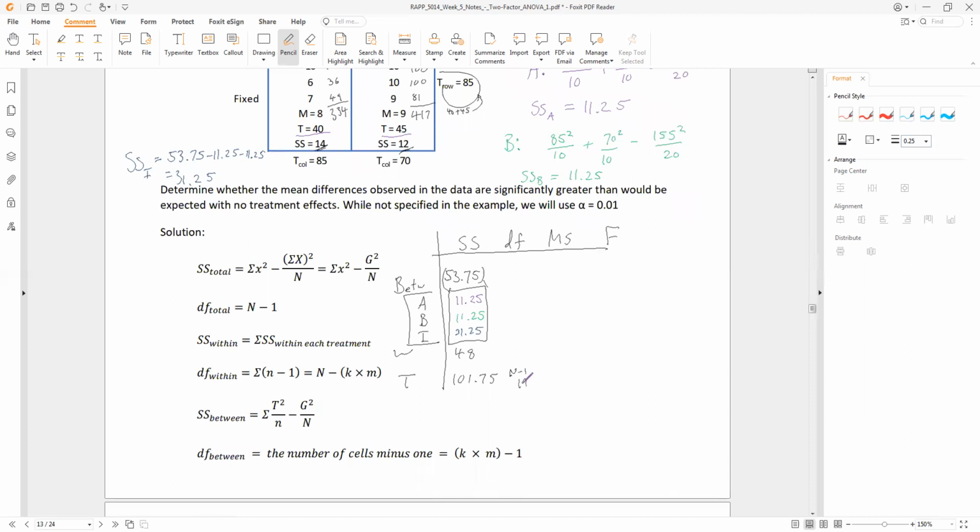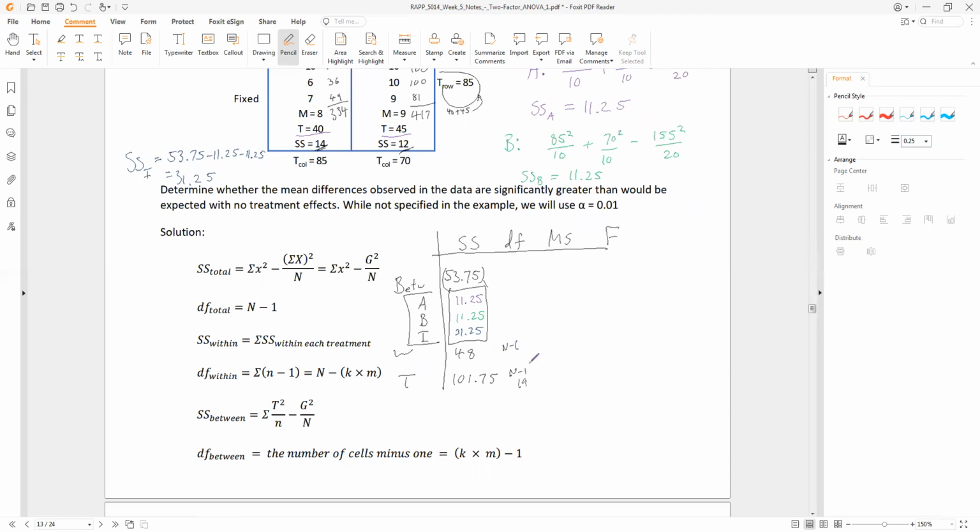So 19 within, right? If you remember, what was the within? The within was the n minus the total number of groups, right? In this case, the total number of groups.